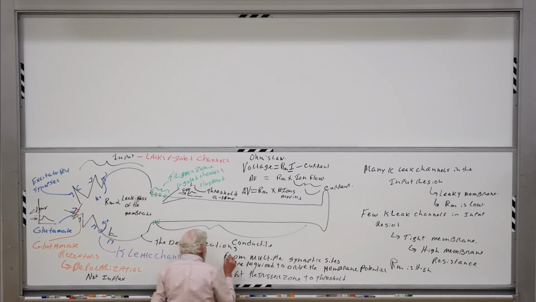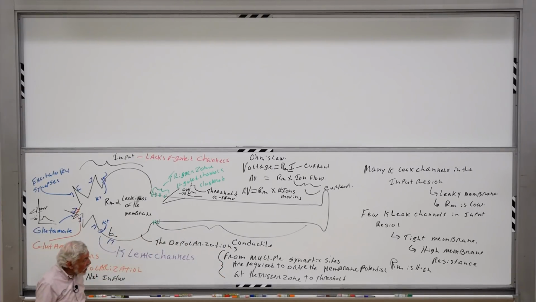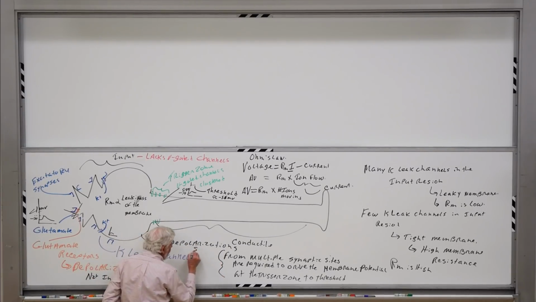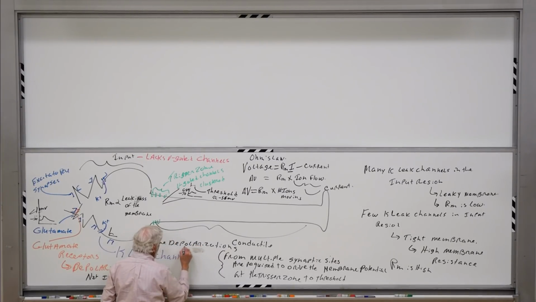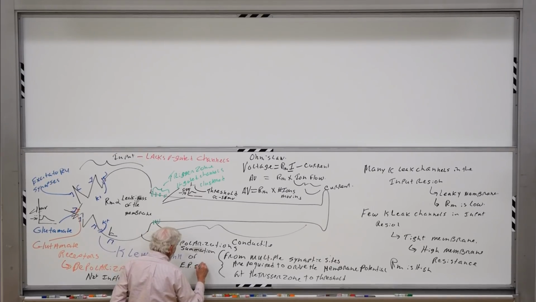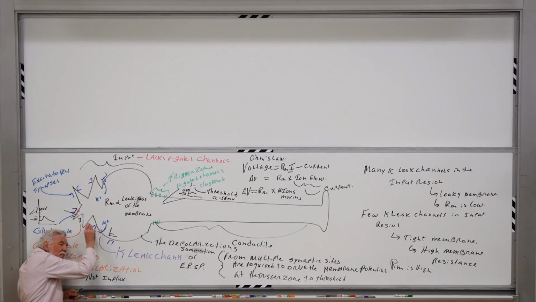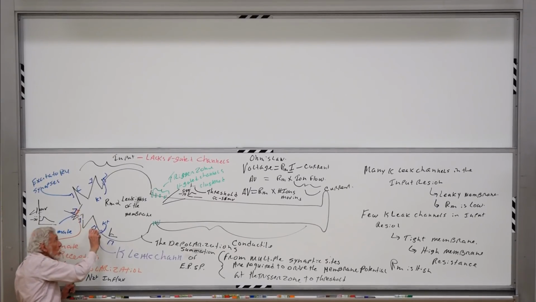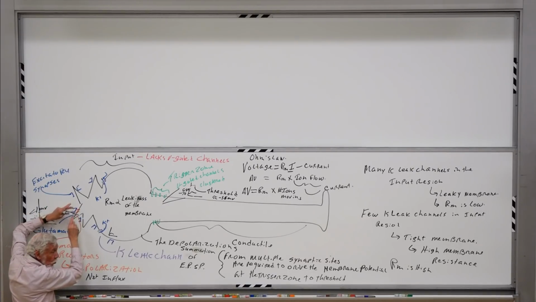This idea of requiring multiple synaptic inputs is said to be the summation of excitatory post-synaptic potentials. So we're adding together each one of these tiny depolarizations produced by the release of probably one vesicle's worth of neurotransmitter.